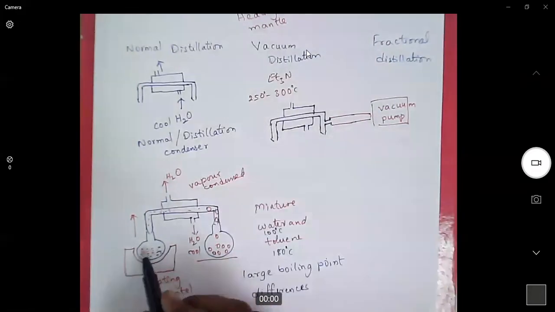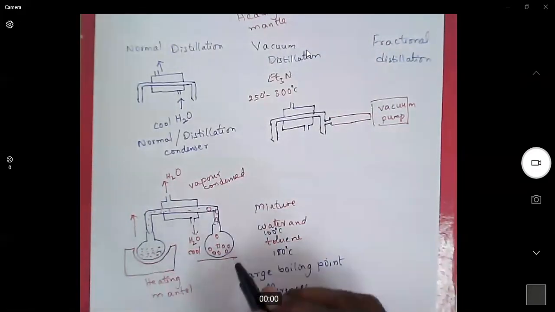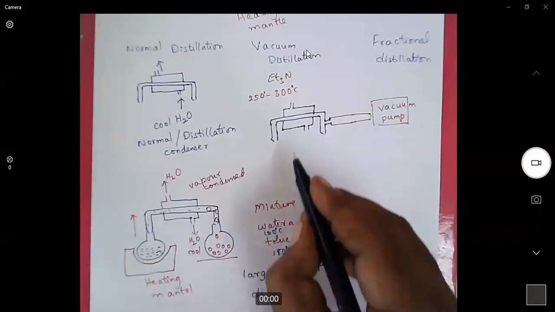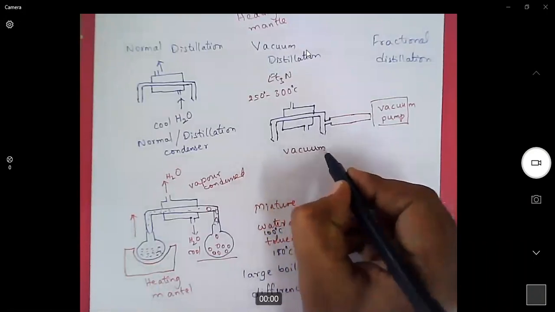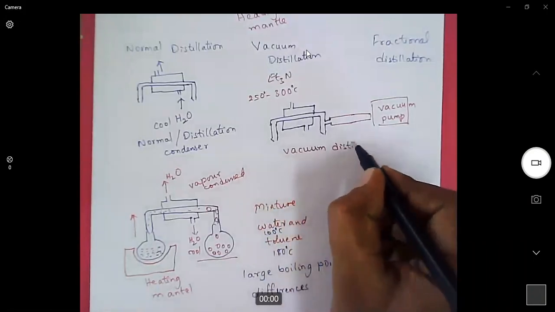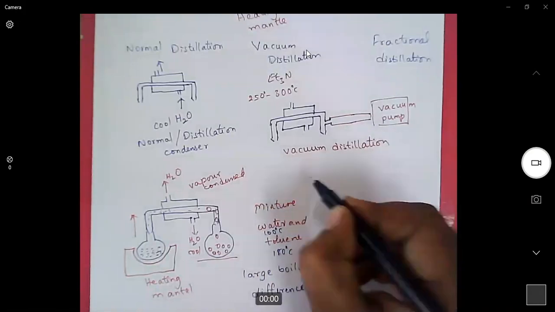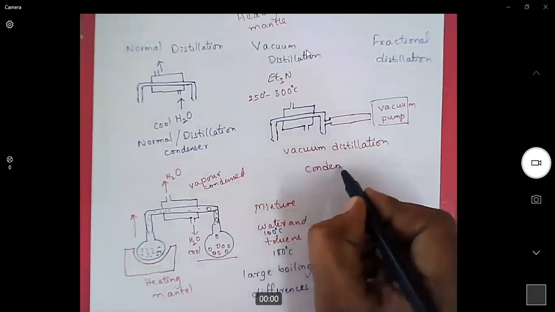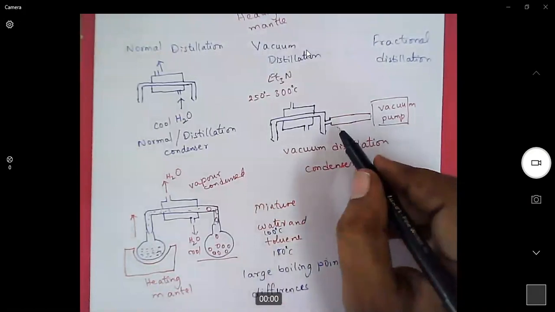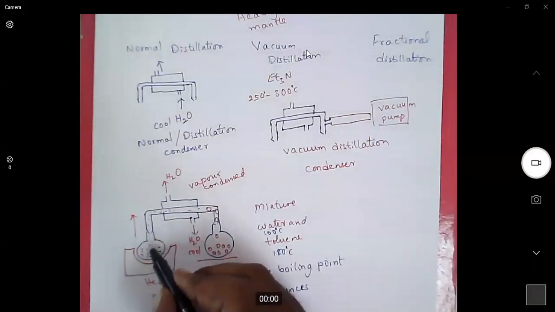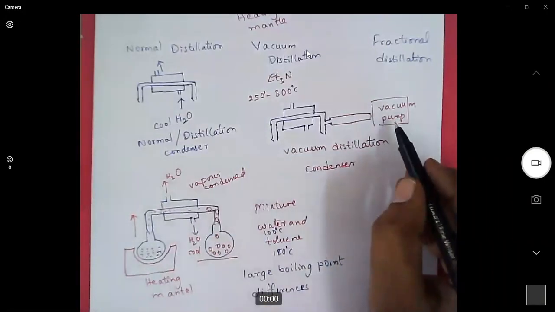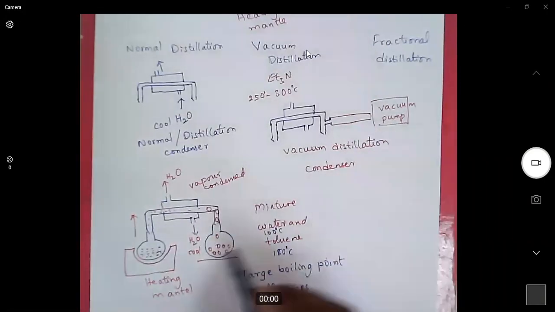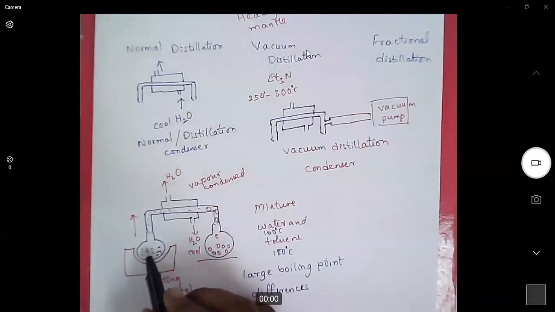I'm not drawing the entire setup, just the vacuum distillation condenser. When we apply vacuum, whatever air is inside will be completely removed by the vacuum pump. Then there is a vacuum.